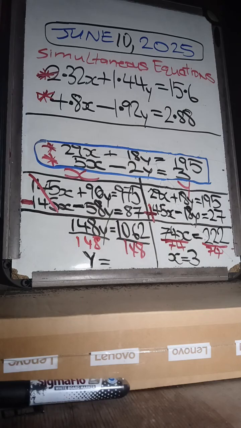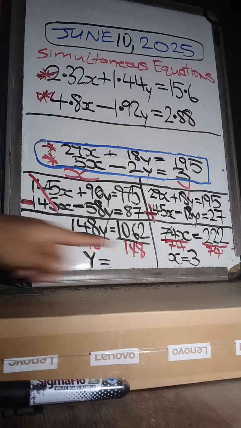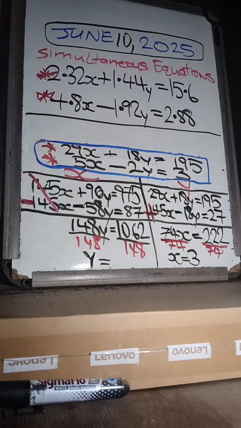What? And the thing is, I don't recall doing anything wrong. So that's the part that's kind of beating me right now. Because if x is 3, then y is supposed to be 6. But when I put this there, I'm not getting that. So what is happening?